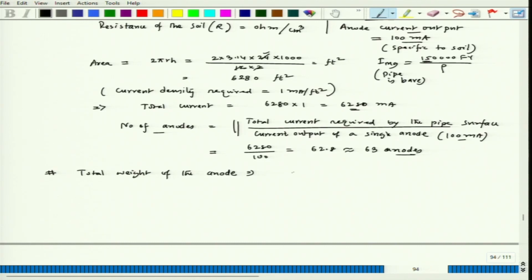So, that would be calculated on the basis of, let us say, I want to supply 1 ampere current for, let us say, 10 years. So, 10 years of protection would be required, and I know the capacity. This is the requirement for protection.